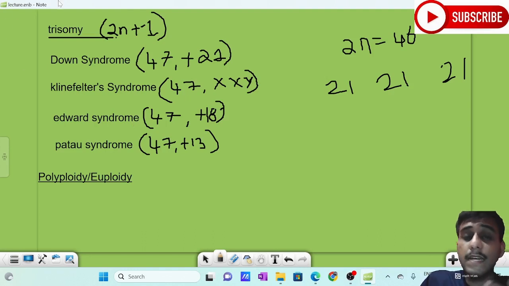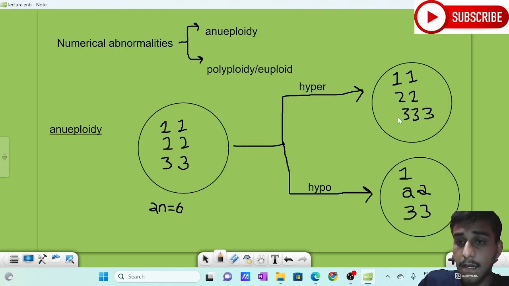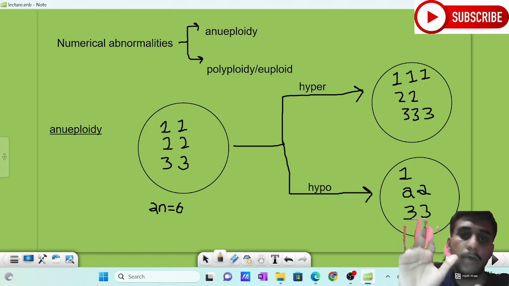Actually, there is no need to study it in much detail, but I will say that in double trisomy, the condition will be 2n plus 1 plus 1. This means there is an increment in two chromosomes which are not equal.